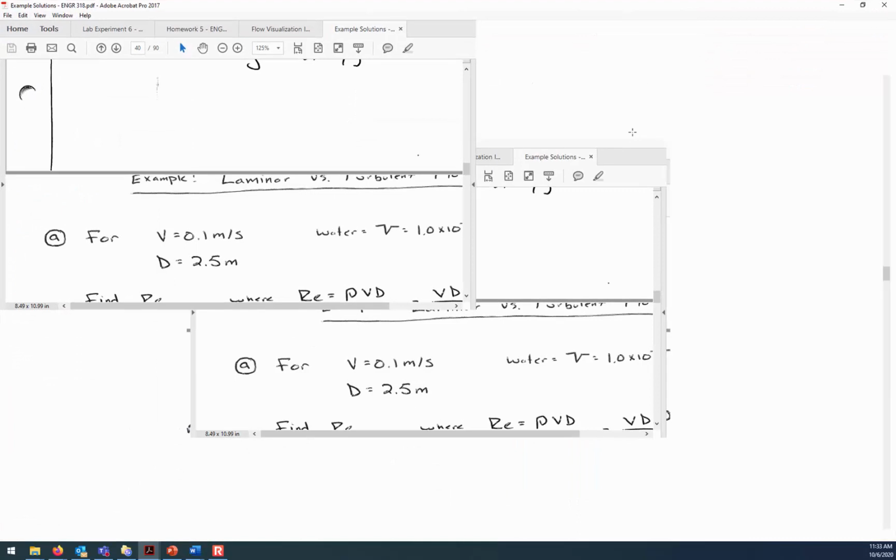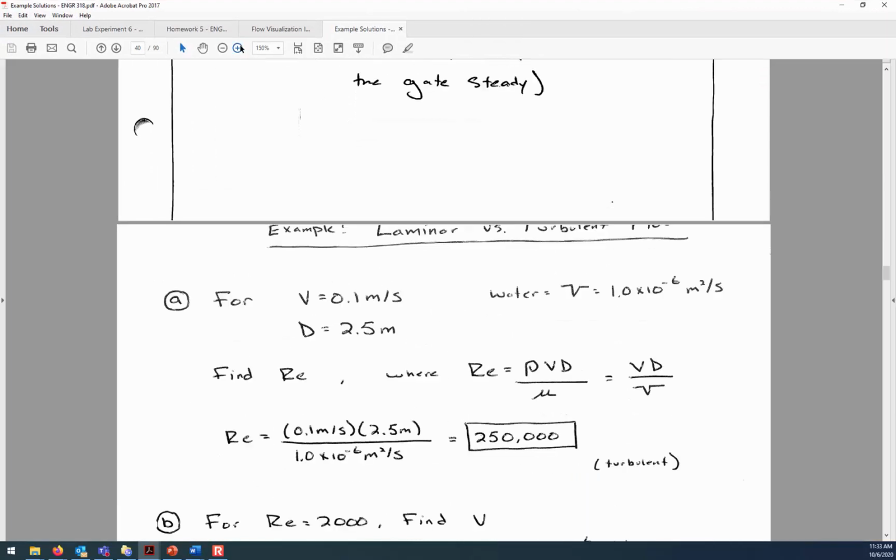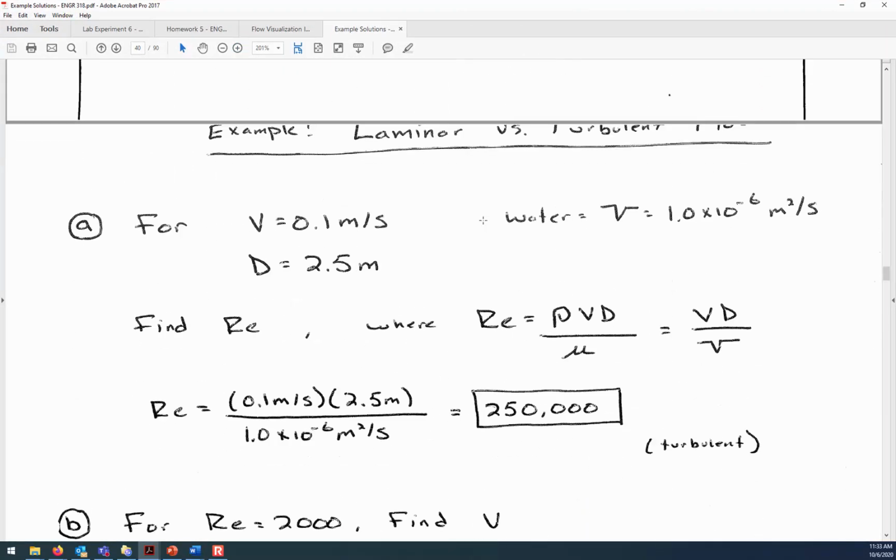All right, so for a velocity of 0.1 meters per second and water viscosity. Now, remember that there's two ways to describe viscosity. One is by the absolute viscosity, and one is with the kinematic viscosity. And so the Reynolds number can be expressed two different ways.